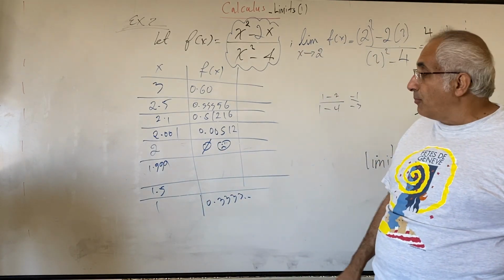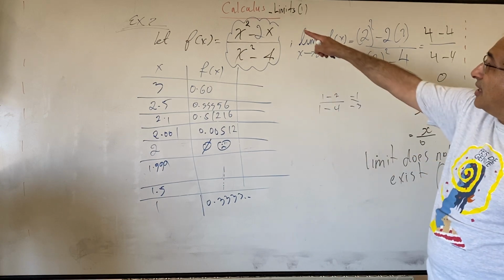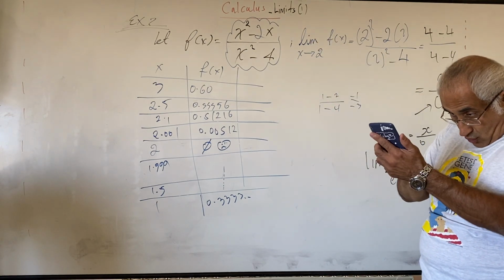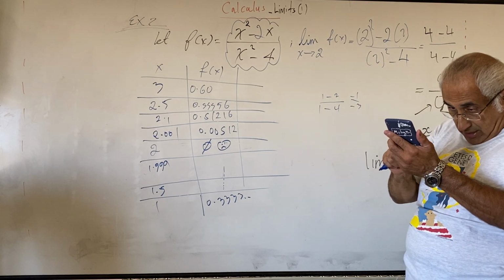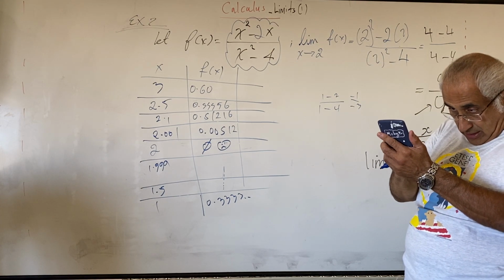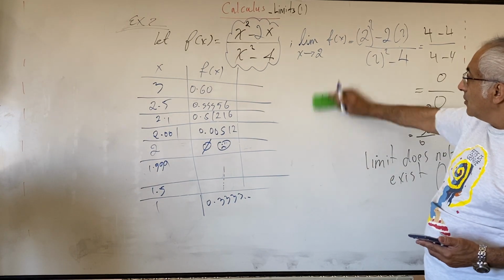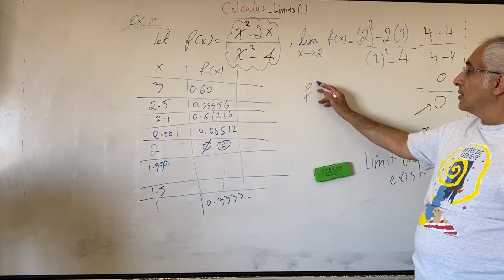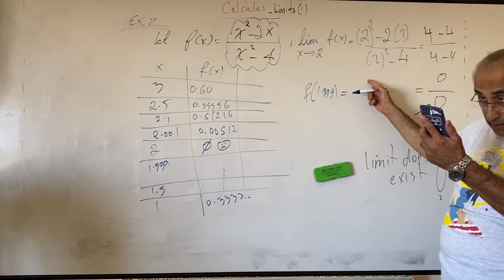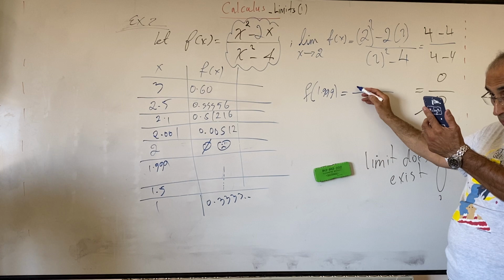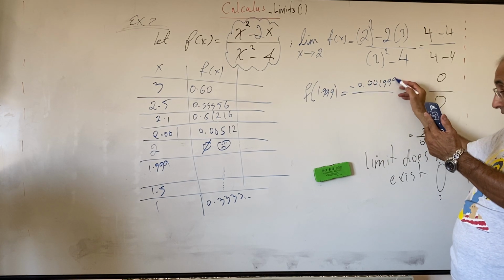Why don't I take the 1? Because I am sure I'm coming closer and closer to this. So if I take this one there, 1.999 squared minus 2 times 1.999, what do I get in the numerator? When I substitute f of 1.999, I'm going to get in the numerator something like, wow, minus 0.001999.